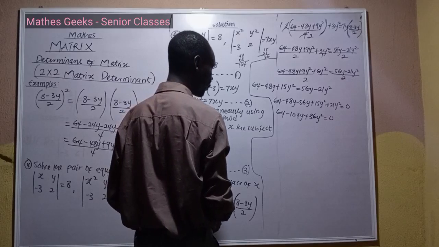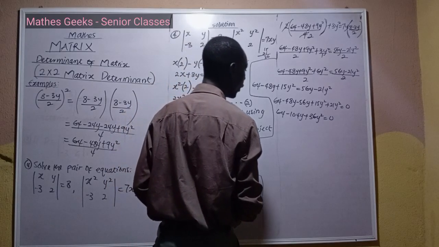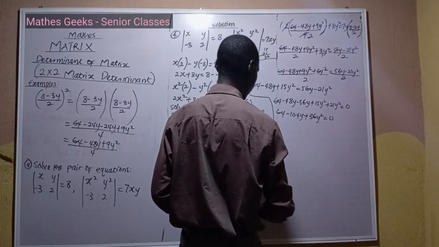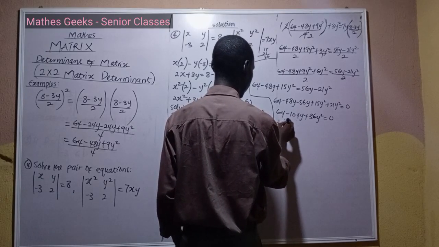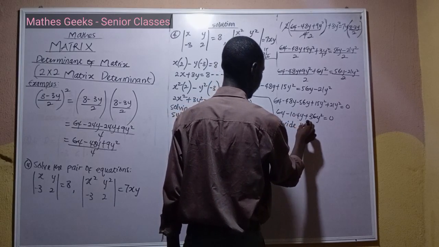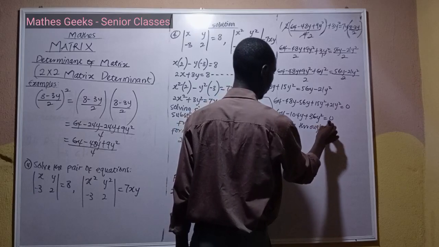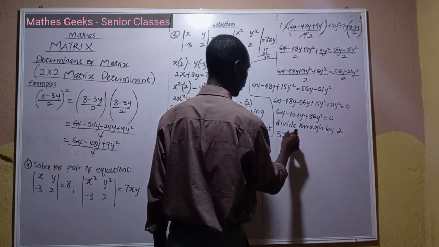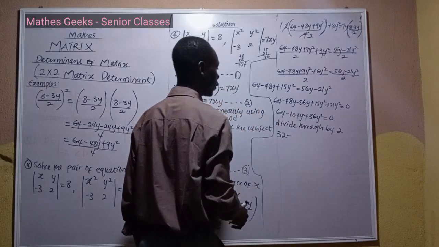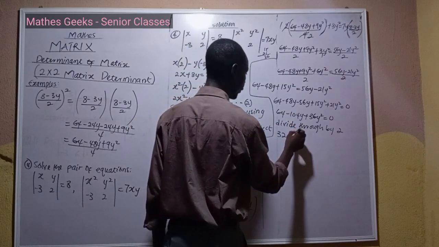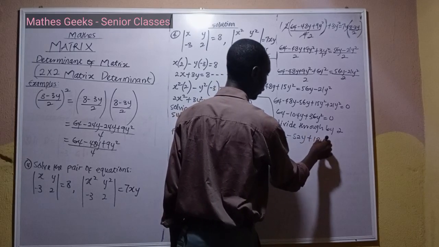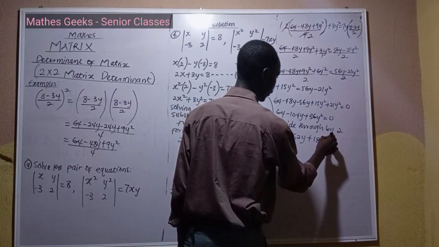At this point, let's reduce it further by dividing by 2. Divide through by 2. The result is 52 minus 52y plus 18y squared equals to 0.